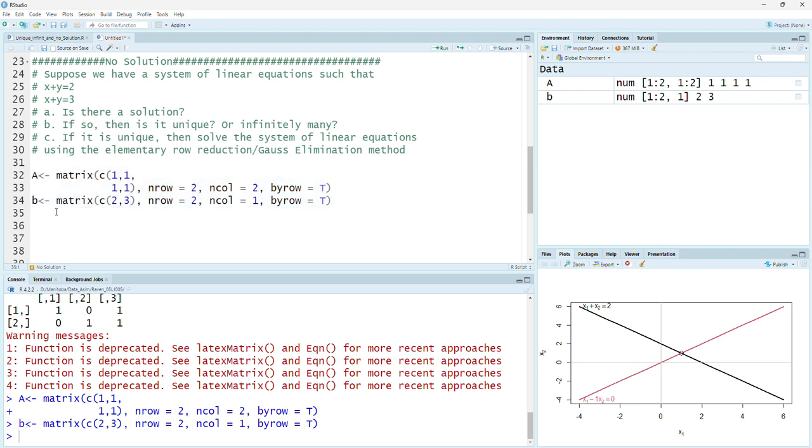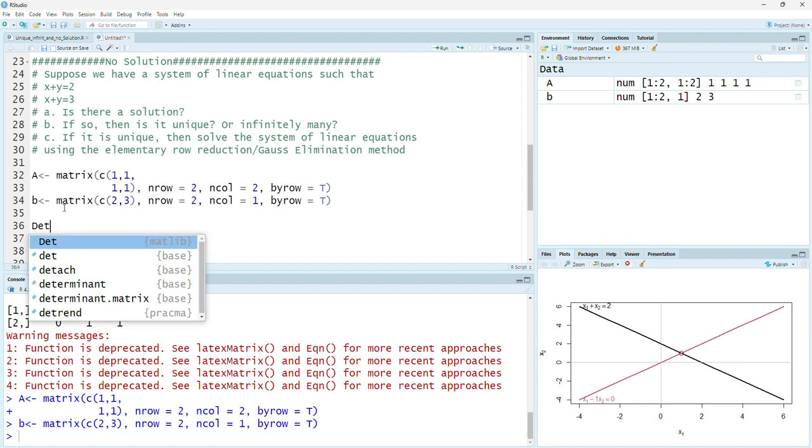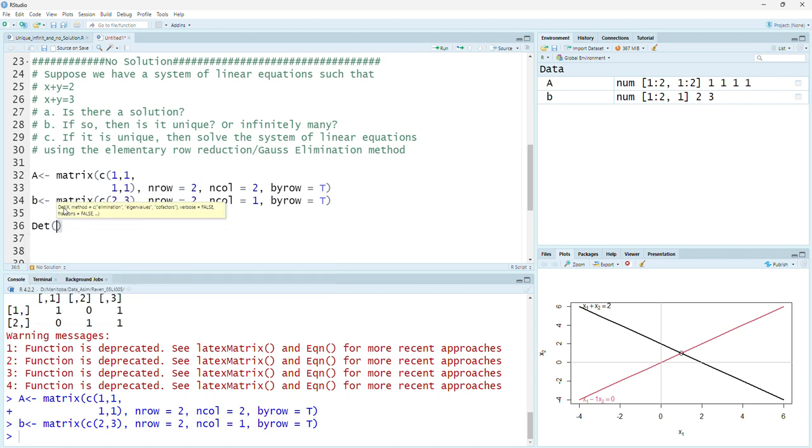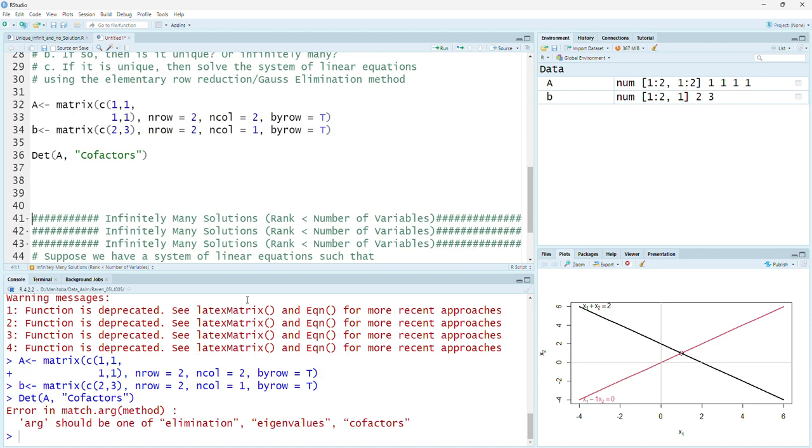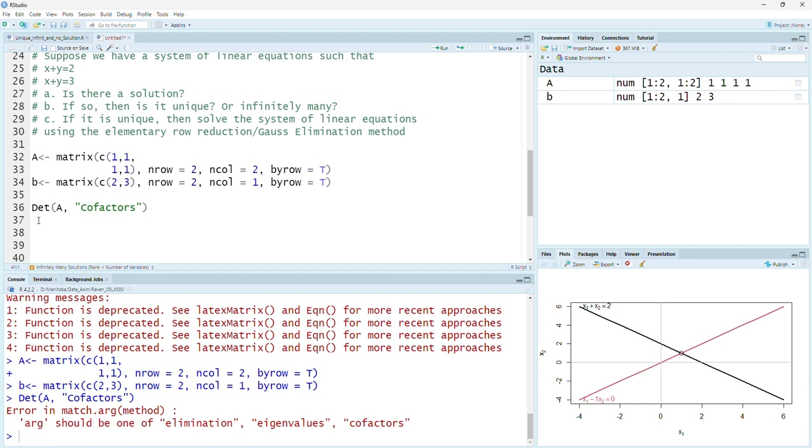The second step is, for this question, is there a solution? Let's say we will say DT is equal to A and then cofactors. If I were to run this one, okay, I used capital C, it should be small c.